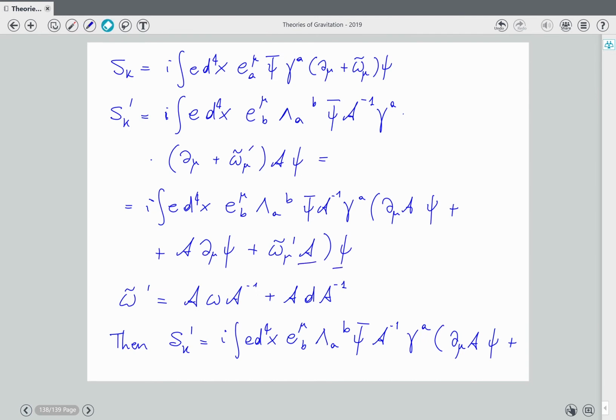Here the parenthesis is not there, but there. A and psi.